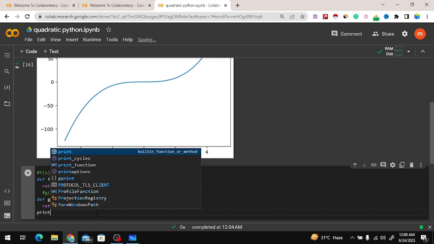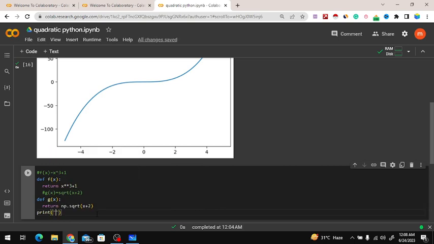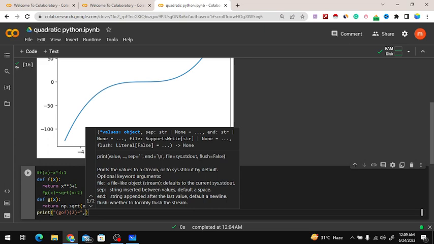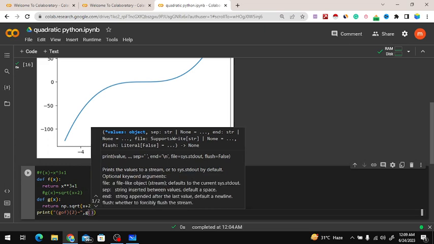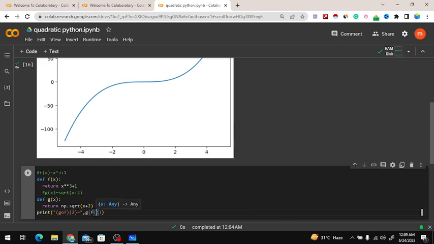Print GOF, it's a parenthesis, inside of the parenthesis GOF, this one should be equal to, comma, g, parenthesis, like f of 2.